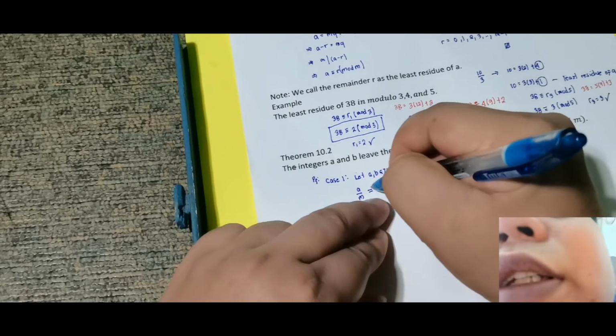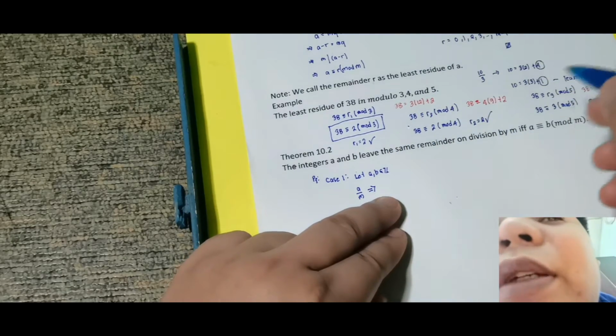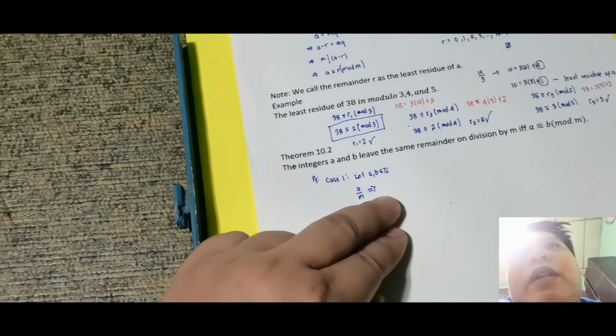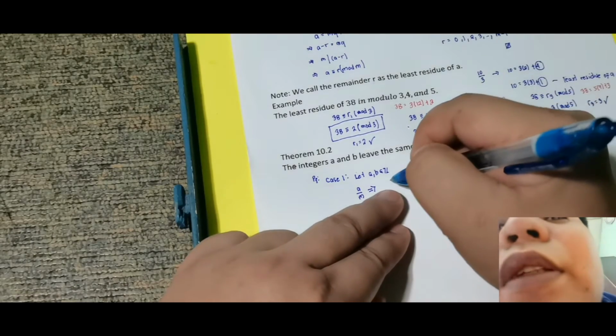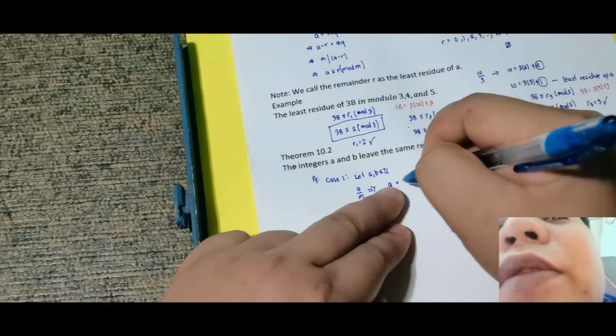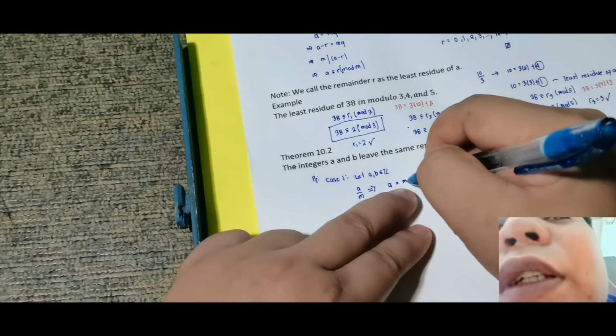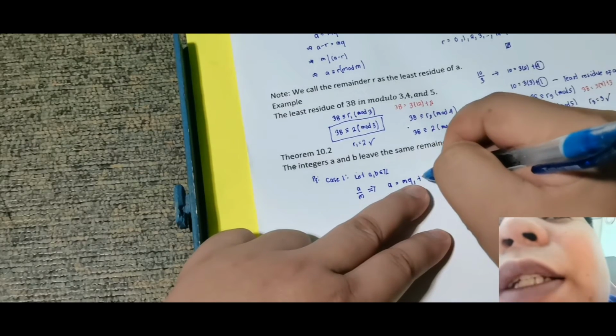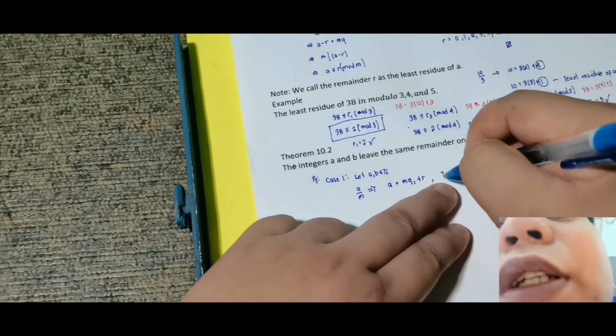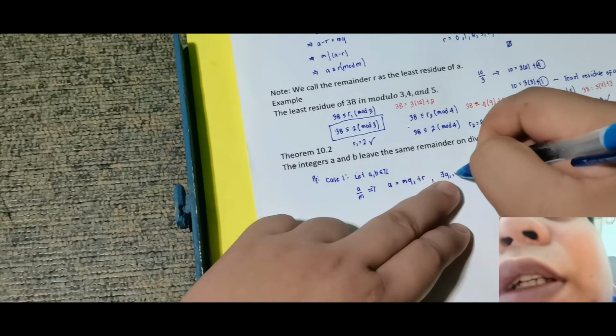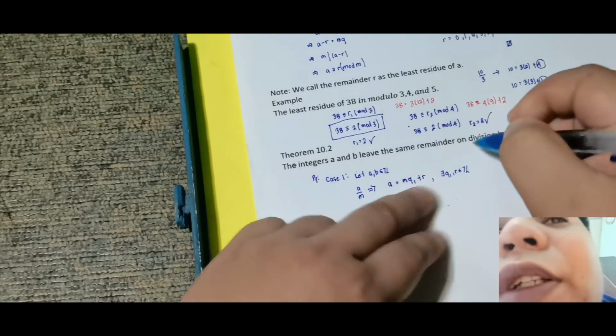This implies that, what does this mean? If it leaves the same remainder, that means a is equal to m q sub 1 plus r, for some q sub 1 and r elements of integers.